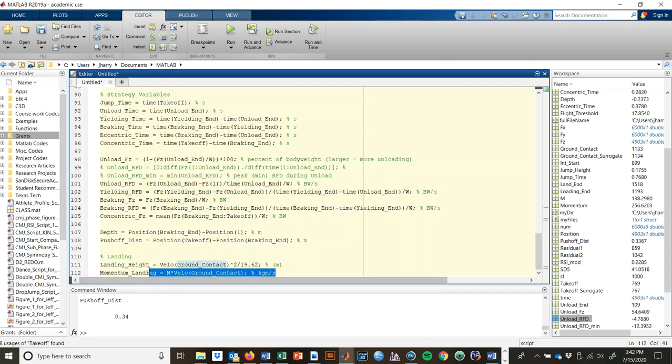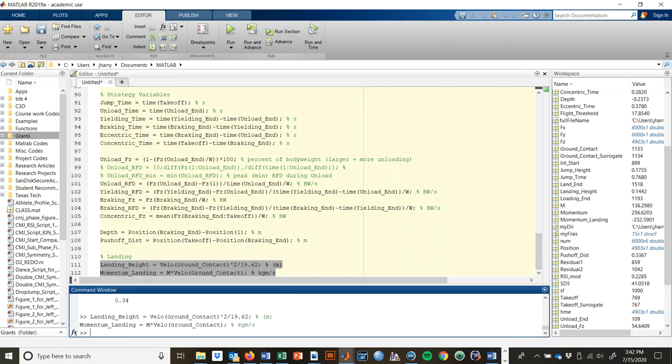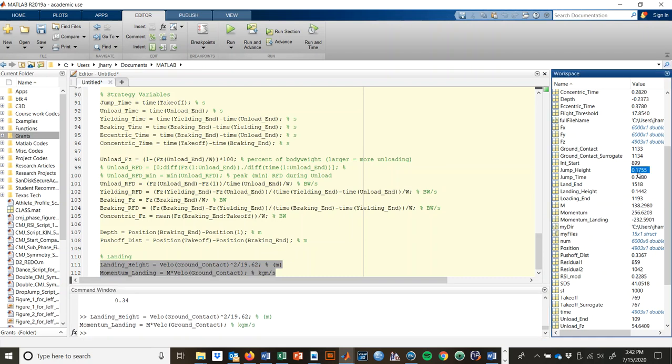Now in a perfect world, these two values would be identical to the jumping values. But if we look, jump height was 0.175, landing height was 0.144. So we've done a little bit of manipulation of the body position here in terms of the distances traveled. That's obviously going to change the momentum as well.